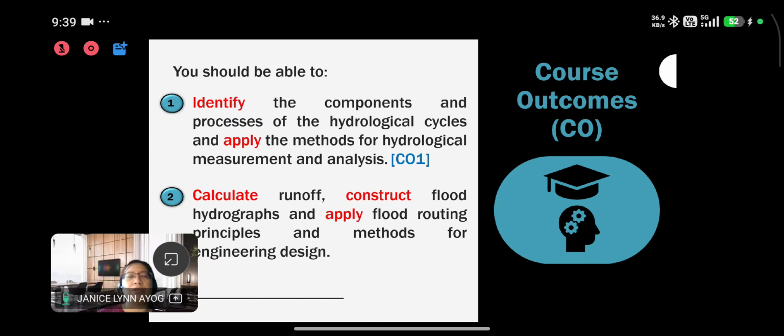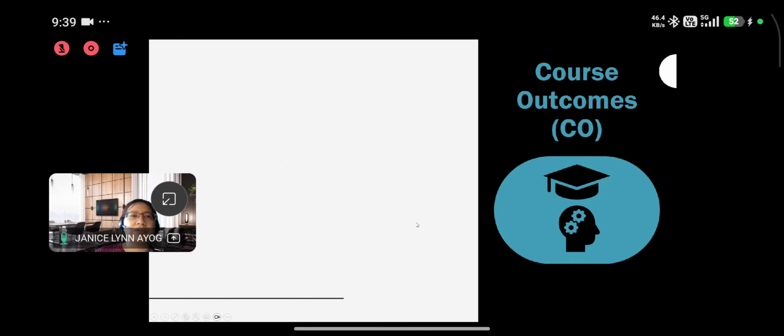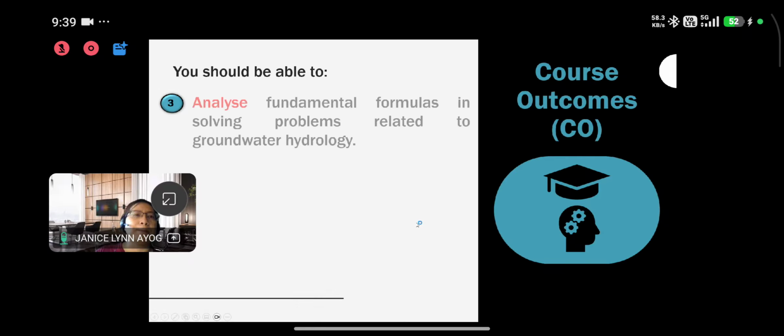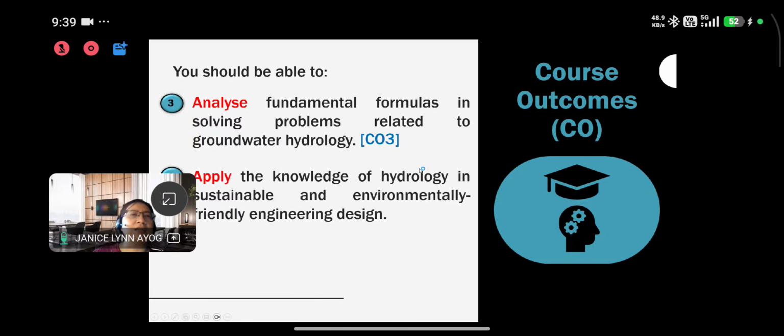CO2, you need to be able to calculate runoff, construct flood hydrograph, and apply flood routing principles and methods for engineering design. The third course outcome is you should be able to analyze fundamental formulas in solving problems related to groundwater. And finally, course outcome number 4 is that you should be able to apply the knowledge of hydrology in sustainable and environmentally friendly engineering design.